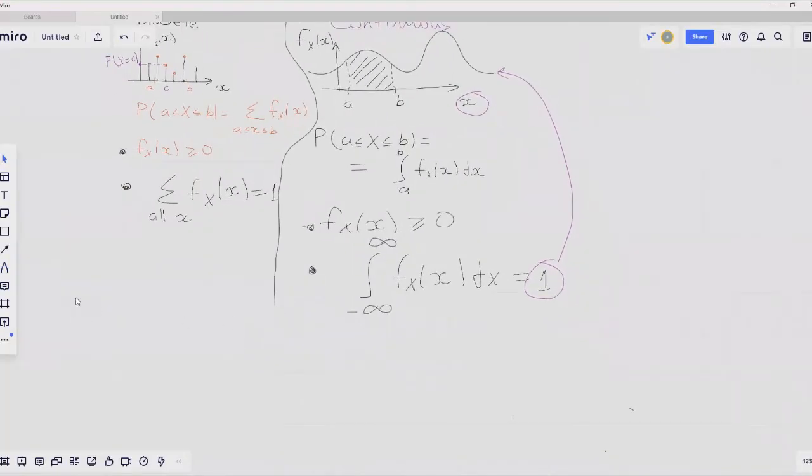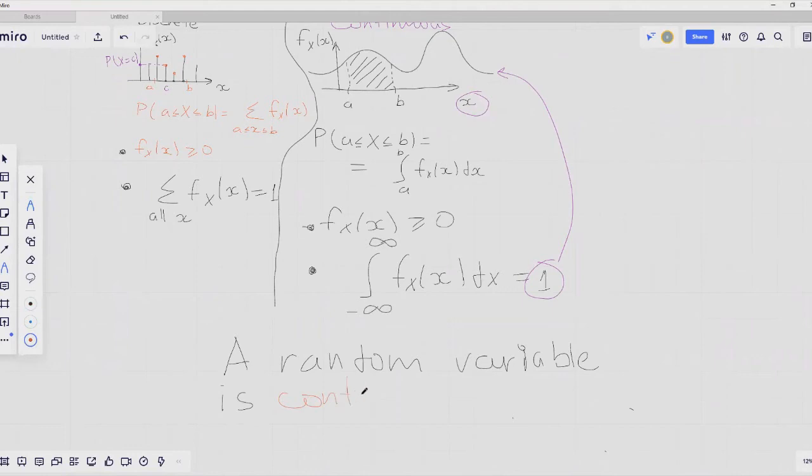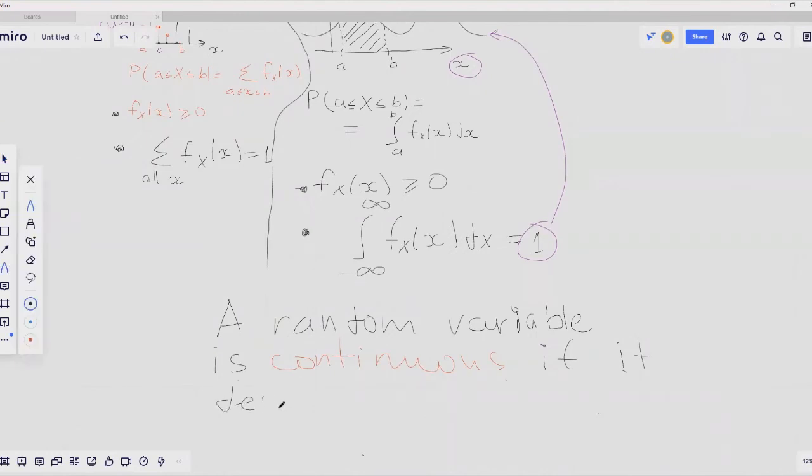Which brings us to the following definition of continuous random variables. A random variable is considered as continuous if it can be described by a valid PDF, a probability density function satisfying the following conditions.